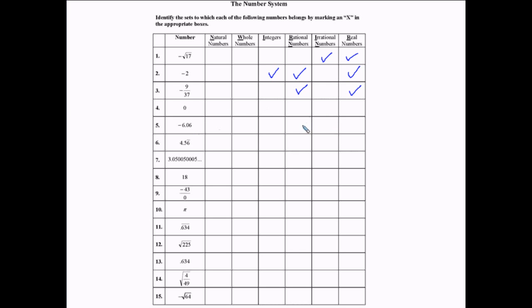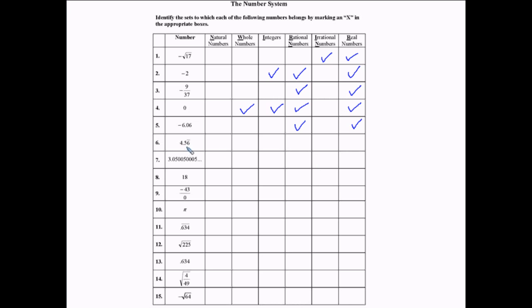Decimals are rational if they end or repeat. This one ends. Oh, did I skip 0? Sorry, I totally missed that. Not natural, because we don't start counting with 0. We count with 1. Integer, rational, real.